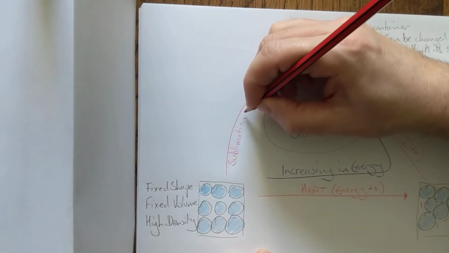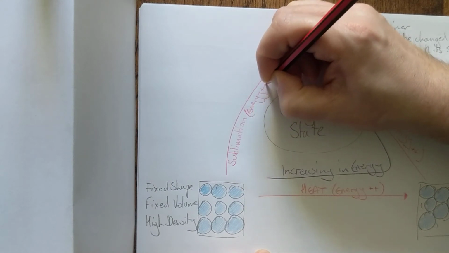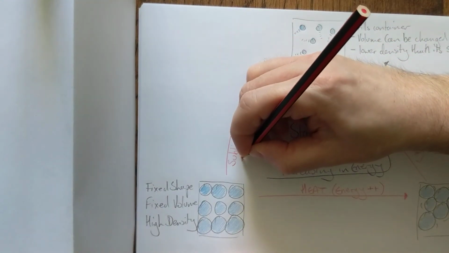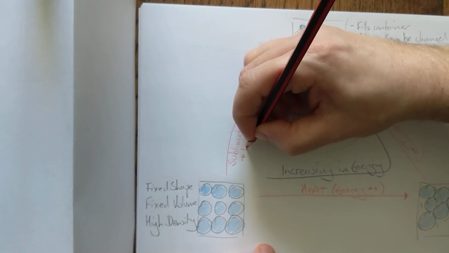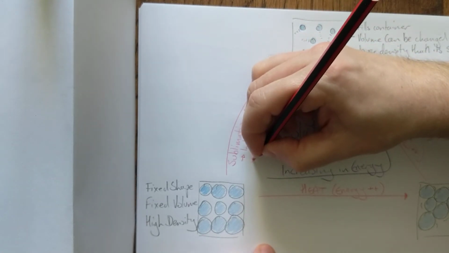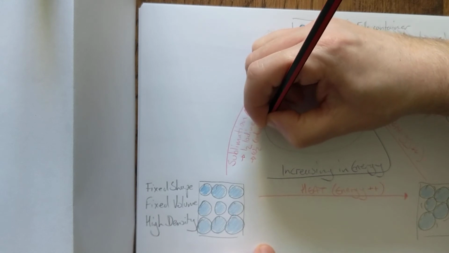Again, we are giving it energy, so I'll say energy plus plus. There are two examples that I want to give you here: iodine, I2, and CO2, carbon dioxide.